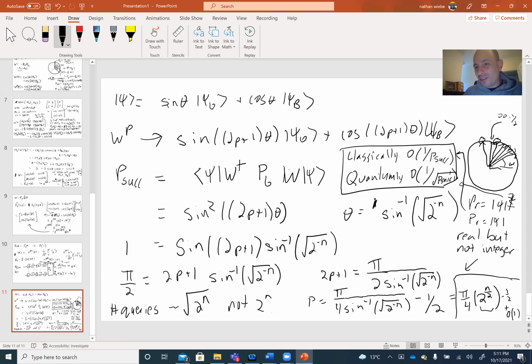And this is a result that's not just important for computer science, but also for physics, because it poses a new set of limitations on what quantum mechanics is allowed and not allowed to do from the perspective of information processing. So this is a really important technique that gets used over and over again. I should also mention that the only thing we needed to assume is that we have some subroutine that allows us to check whether a solution coming in is a good one or a less good one.